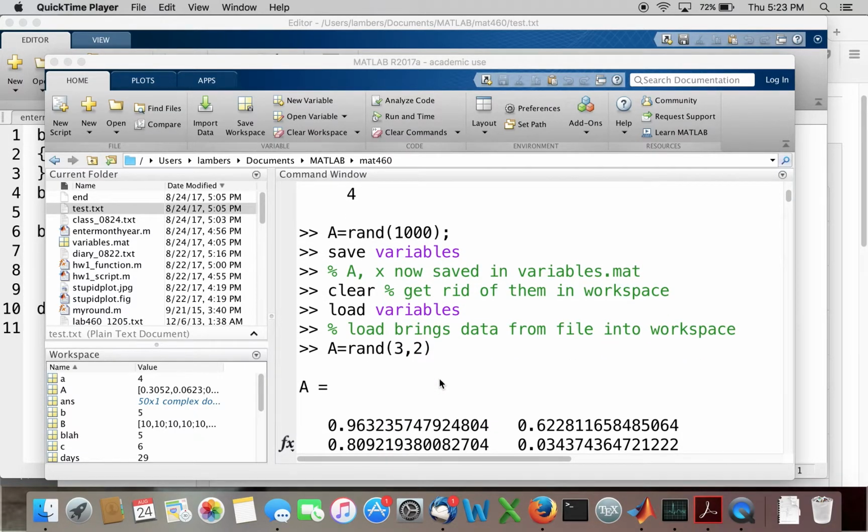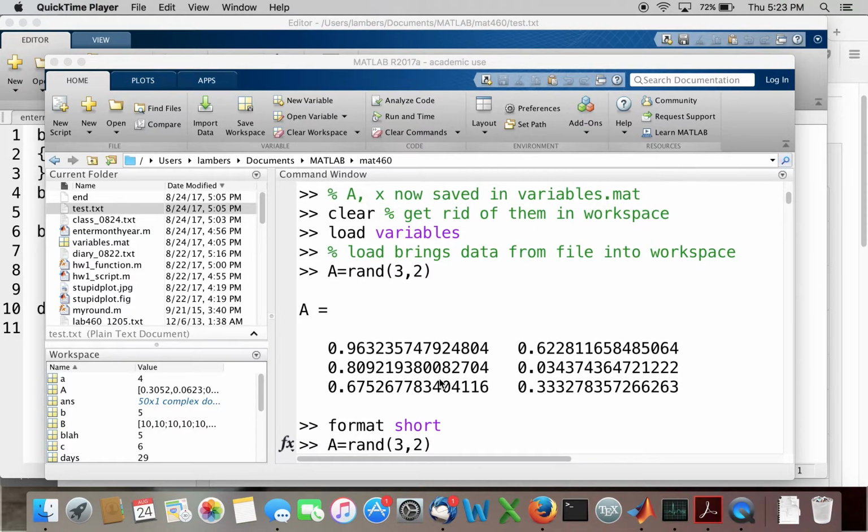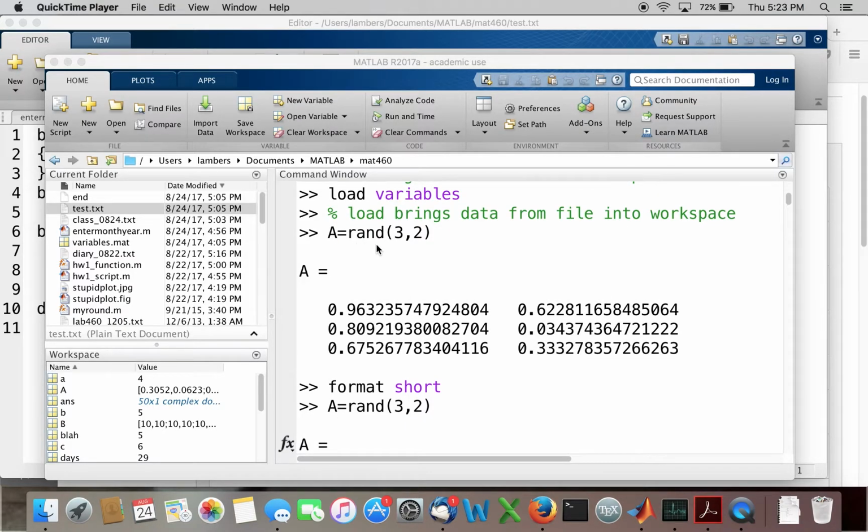Okay. In response to a question that was asked about one of the explorations involving creating a matrix of random numbers between -1 and 1 instead of 0 and 1: here, the rand command generates numbers that are uniformly distributed in the interval 0 to 1. So we see an example of that here.